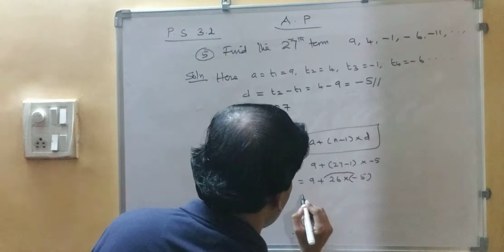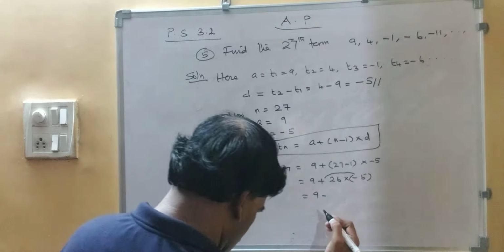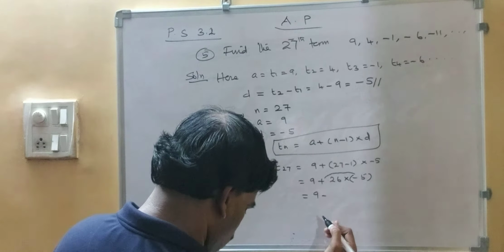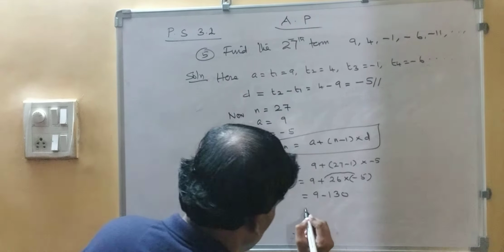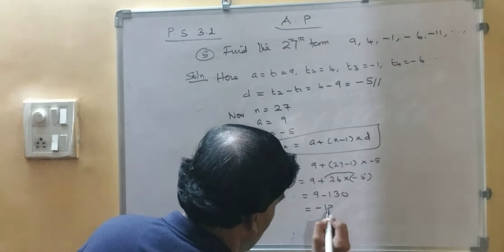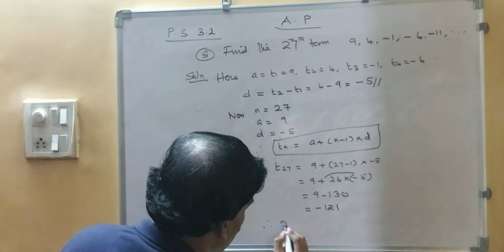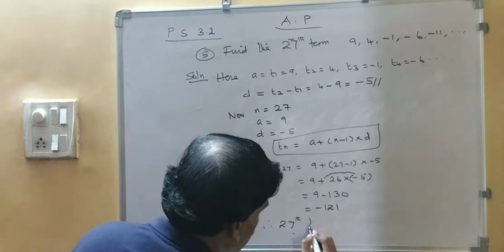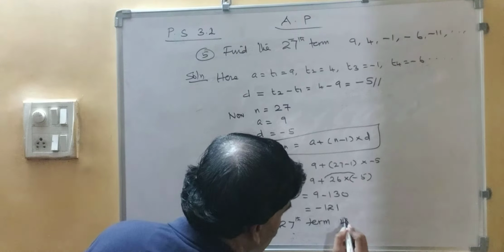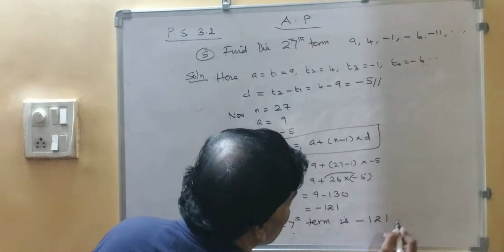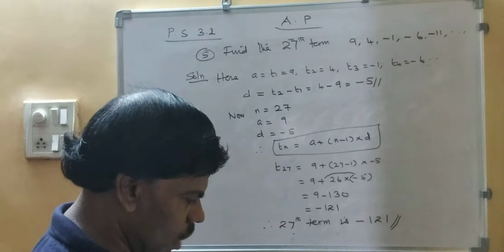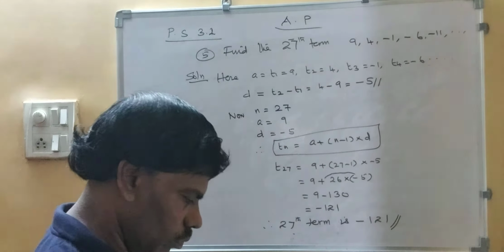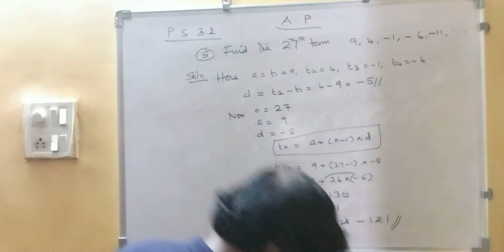So minus into plus, minus. So 9 minus 26 into 5, correct? So minus 130. So it is equal to minus 121. Therefore, the 27th term is minus 121. That's all. Very simple. Now we will do the next one. Sixth sum we will do.